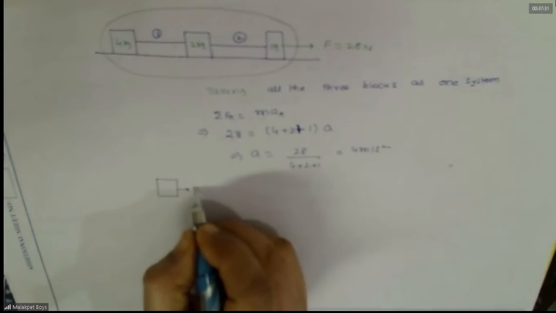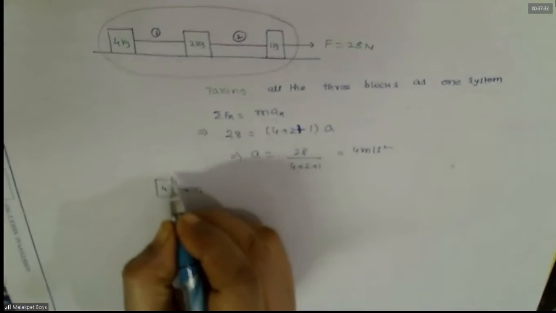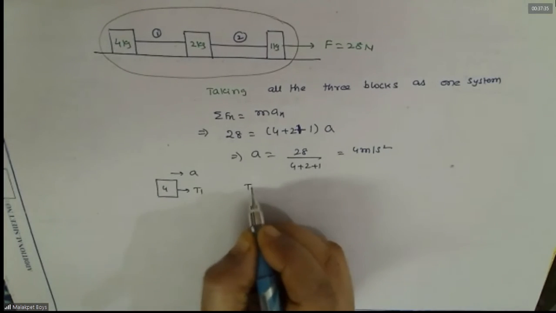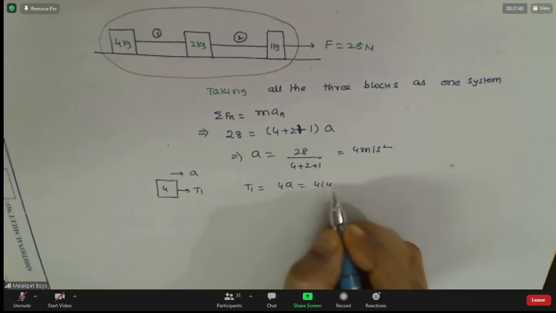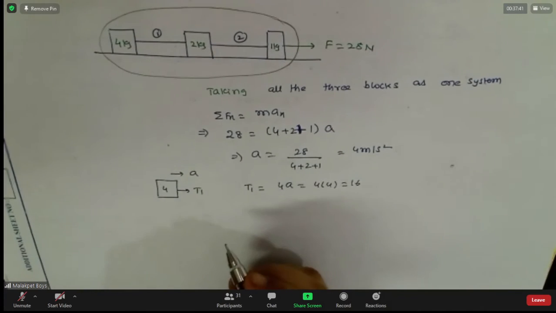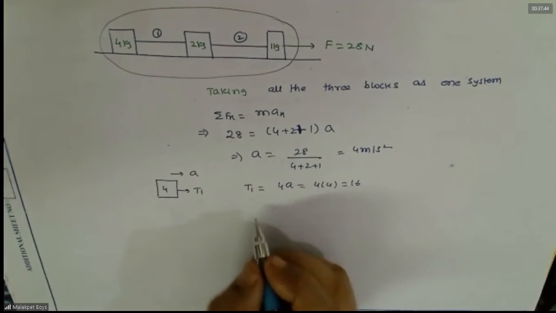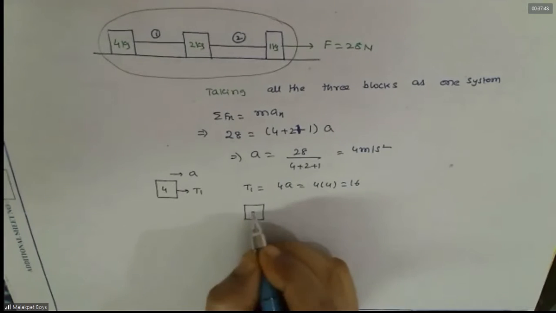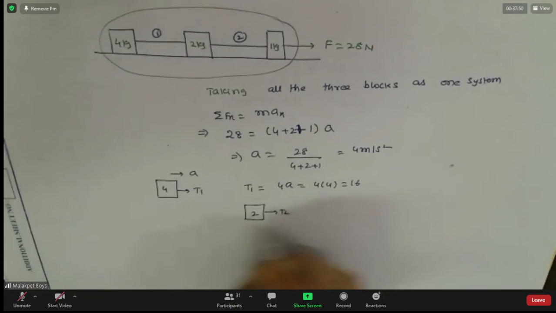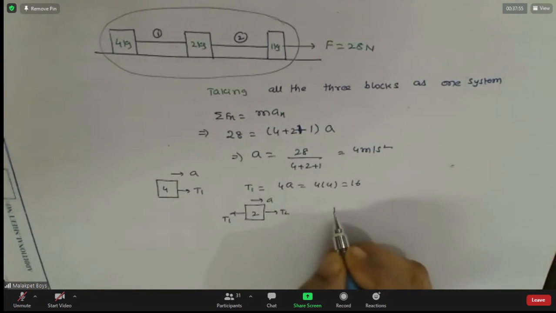This is T1. Similarly, if you want, you can take this also, 2 kg, T2, T1, acceleration.